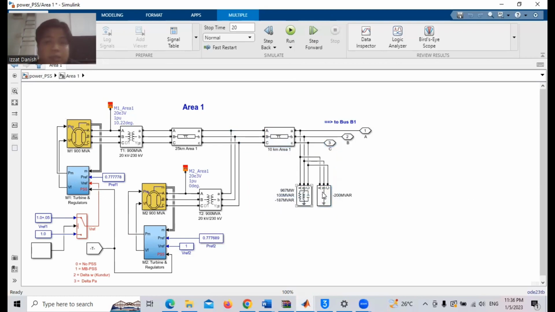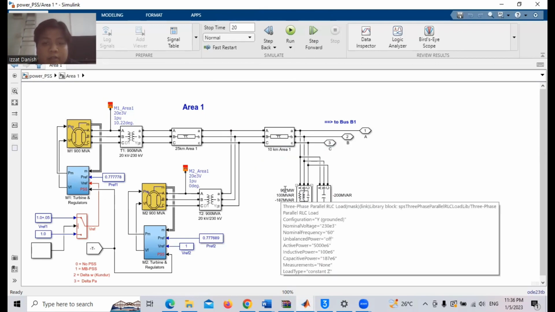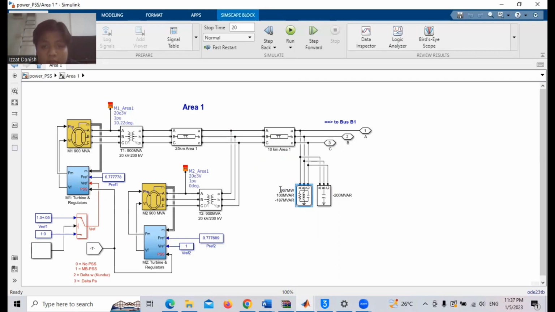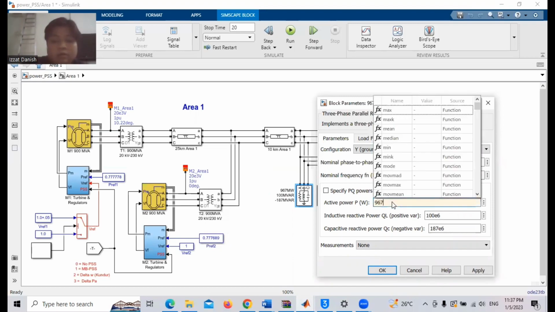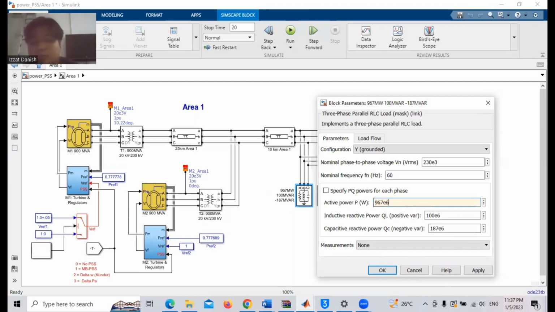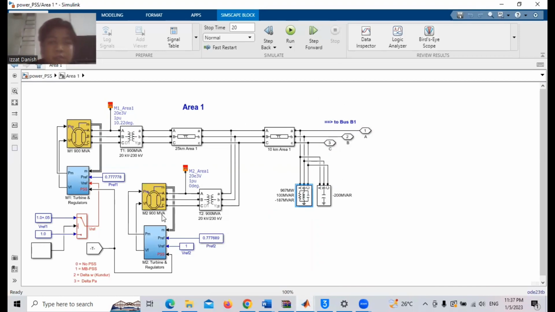Initially for bus 7, the value is 900. We can see here it's 967 million watt from the Simulink, and then we try to run it.